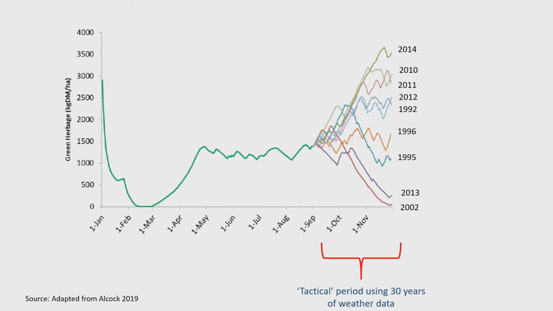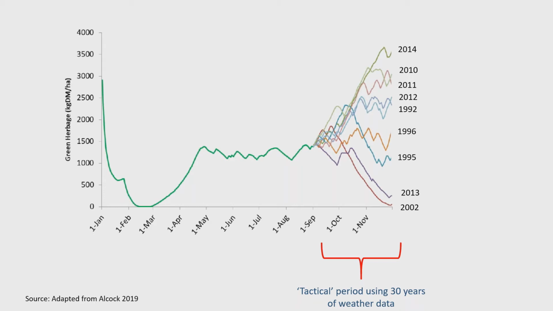Then, based on the starting conditions, being soil moisture, pasture availability, livestock condition, etc., the model uses the most recent 30 years of weather data to simulate the next 4 months. In other words, based on the current conditions, what would happen over the next 4 months if we went back and applied weather conditions from 1990?